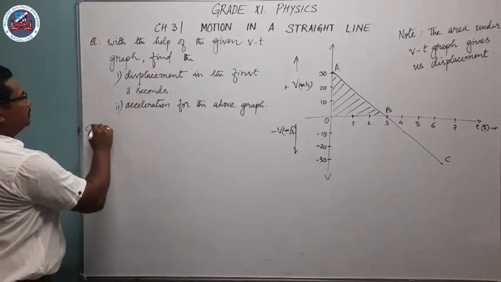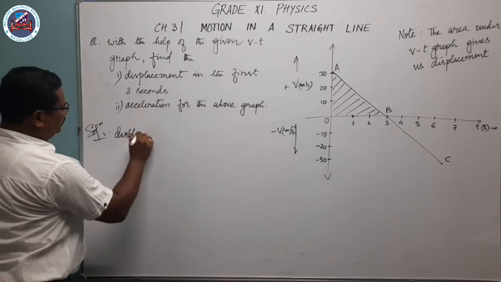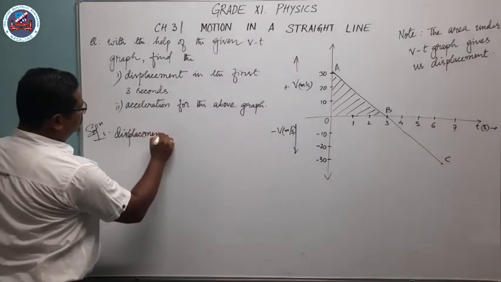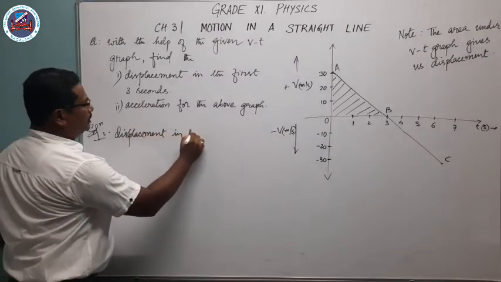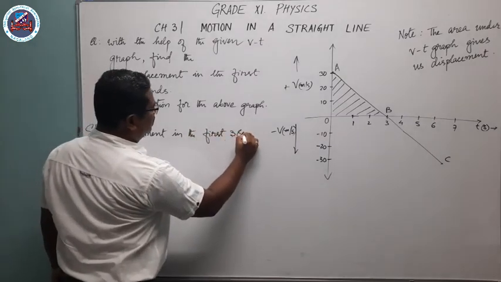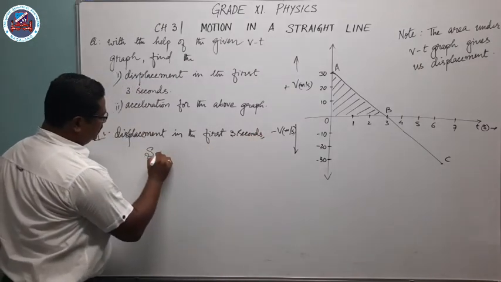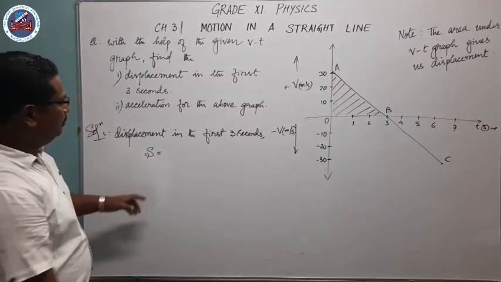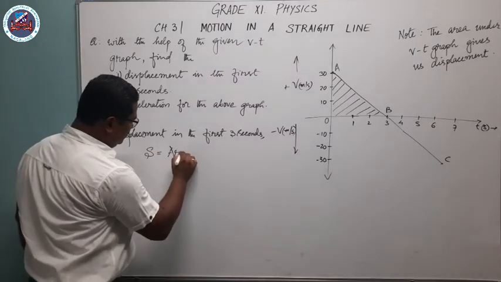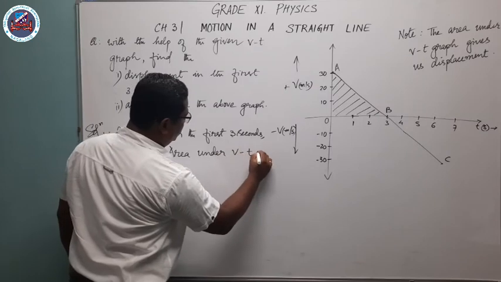So in the solution, the displacement in the first 3 seconds, which we write as S, will be the area under the velocity time graph.